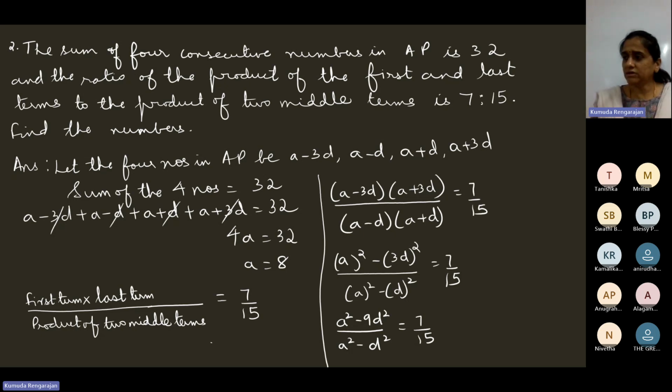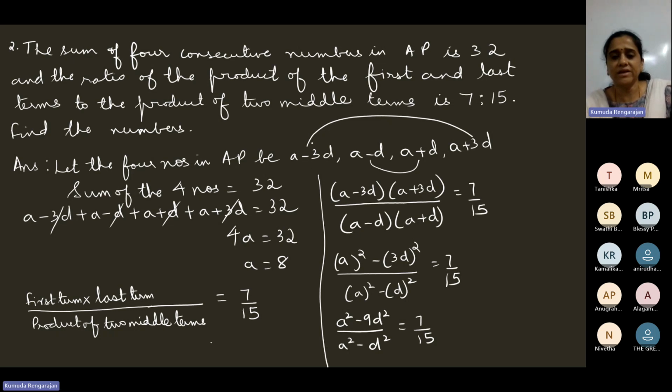The ratio of the product of the first term and the last term to the product of the two middle terms. It's like saying the product of extremes to the product of means. In these four numbers, these are the extremes and these are the means.